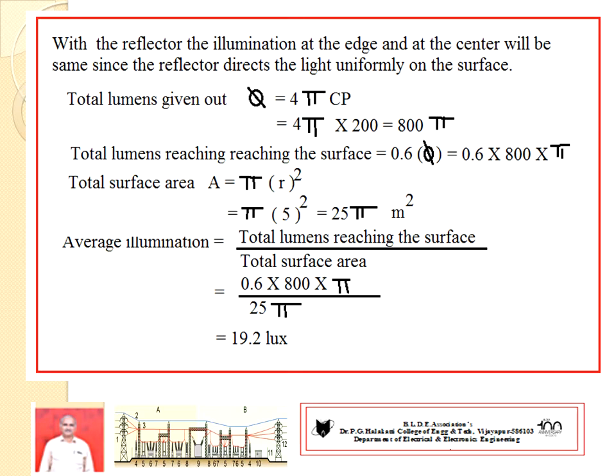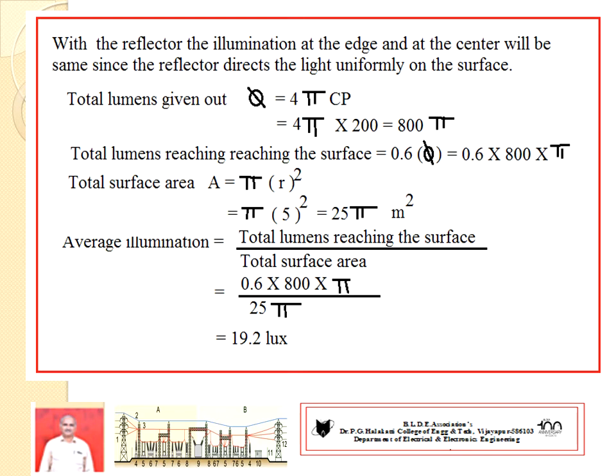With the reflector, the illumination at the edge and at the center will be the same, since the reflector directs the light uniformly on the surface. Total lumens given out is 4 pi into candle power, so we get 800 pi. Total lumens reaching the surface with the help of the reflector: the reflector is 60%, so 60% of the flux reaches.